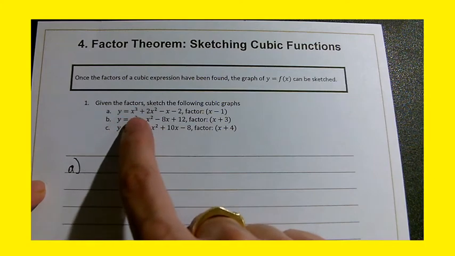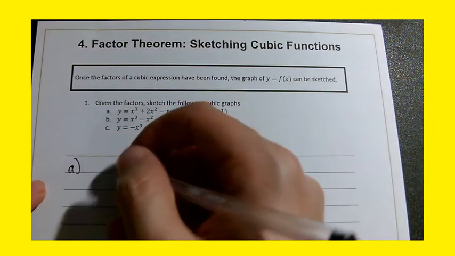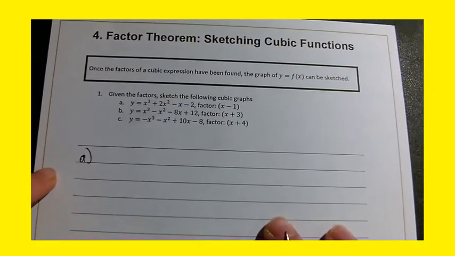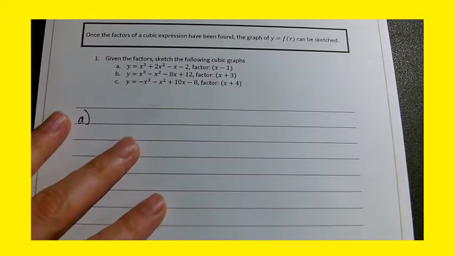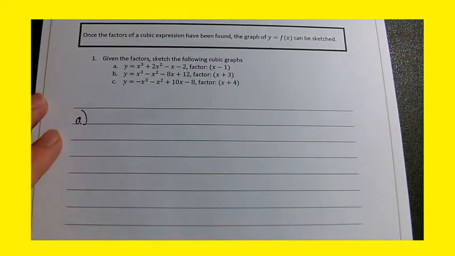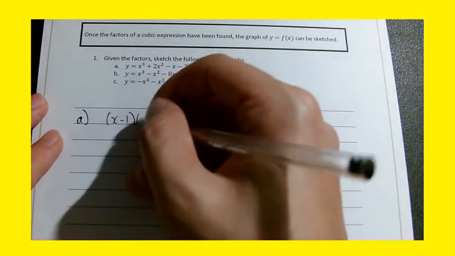So part A was a cubic, and we're told the linear factor is x minus 1. So first of all, I'm going to try and find the other factors. Now I'm just going to use a much quicker method compared to algebraic division, which is an inspection method.